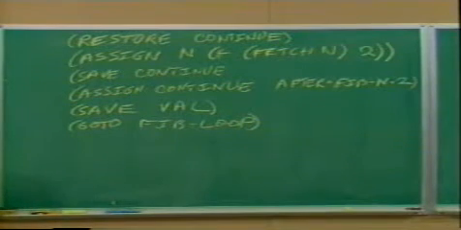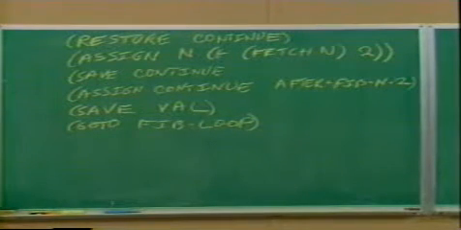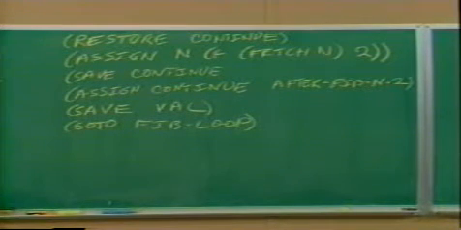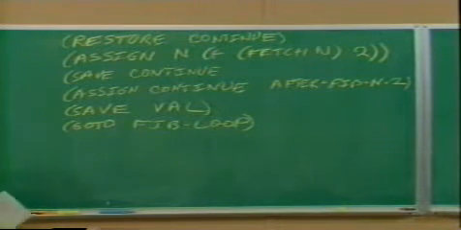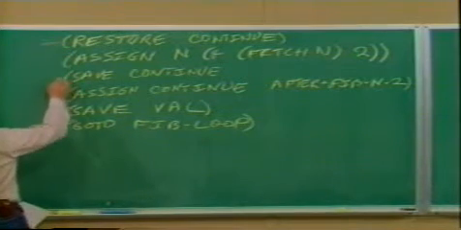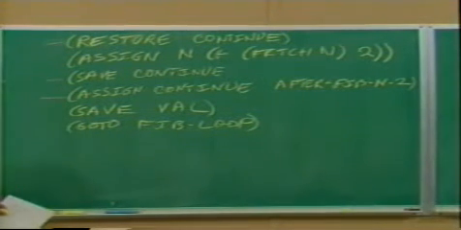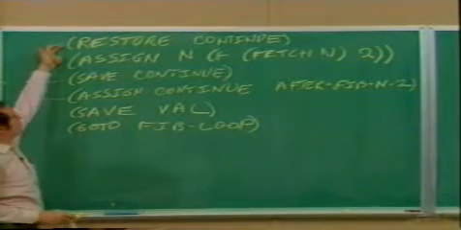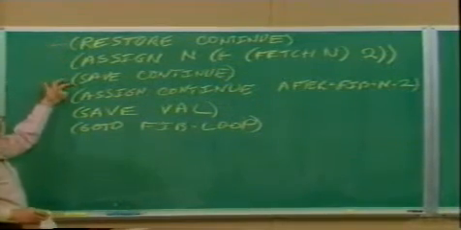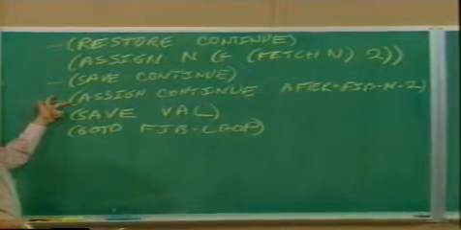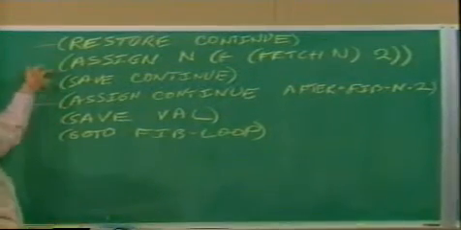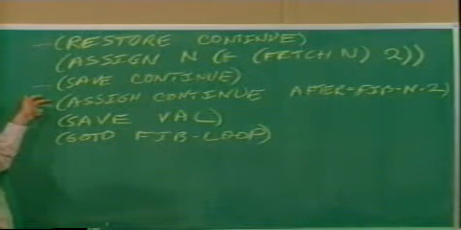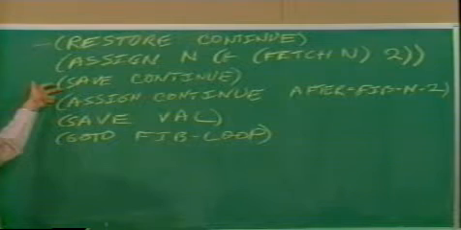Now, before I go any further and continue and finish this program, I just want to look at this segment so far and see, oh yes, there's a sequence of instructions here, if you will, that I can do something about. Here I have a restore of continue, a save of continue, and then an assign of continue, with no other references of continue in between. The restore followed by the save leaves the stack unchanged.